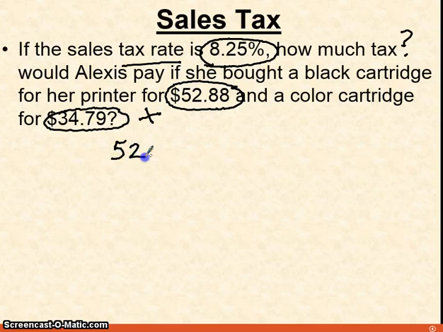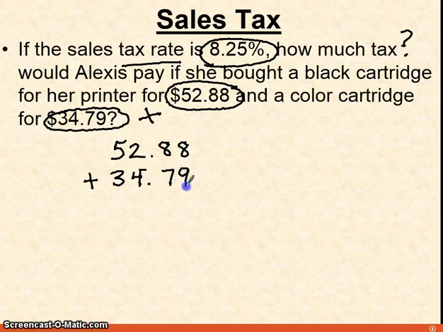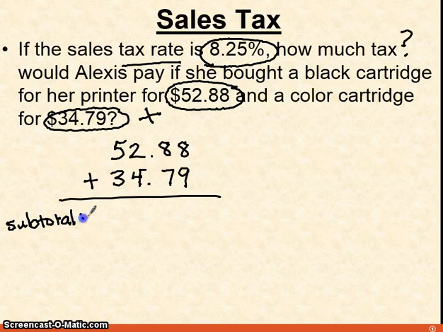So if we take $52.88 and add $34.79, that will give us our subtotal. 8 plus 9 makes 17. 1 and 8 is 9, plus 7 more is 16. 1 and 2 makes 3, and 4 more makes 7. 5 plus 3 makes 8.